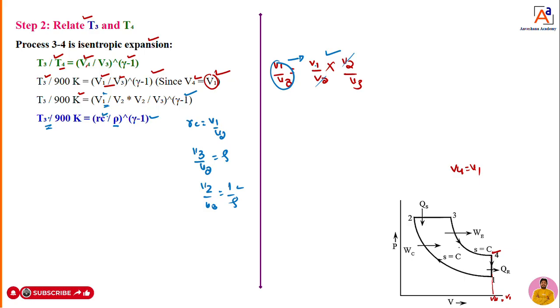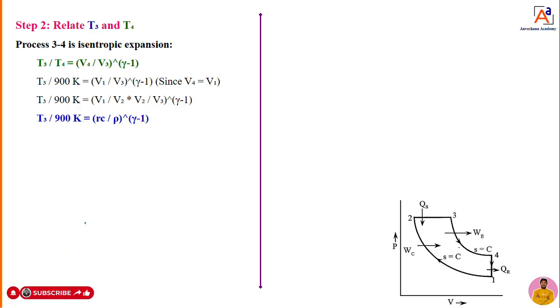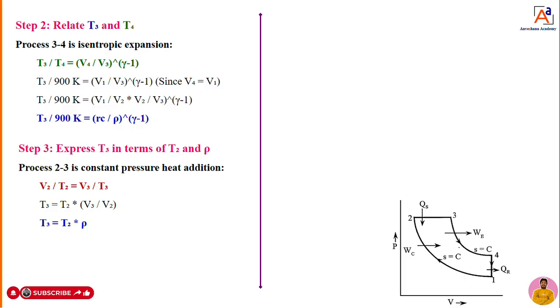I got this equation: T3 divided by 900 Kelvin is equal to rc divided by rho to the power of gamma minus 1. I will keep this equation as it is and move to the next step.